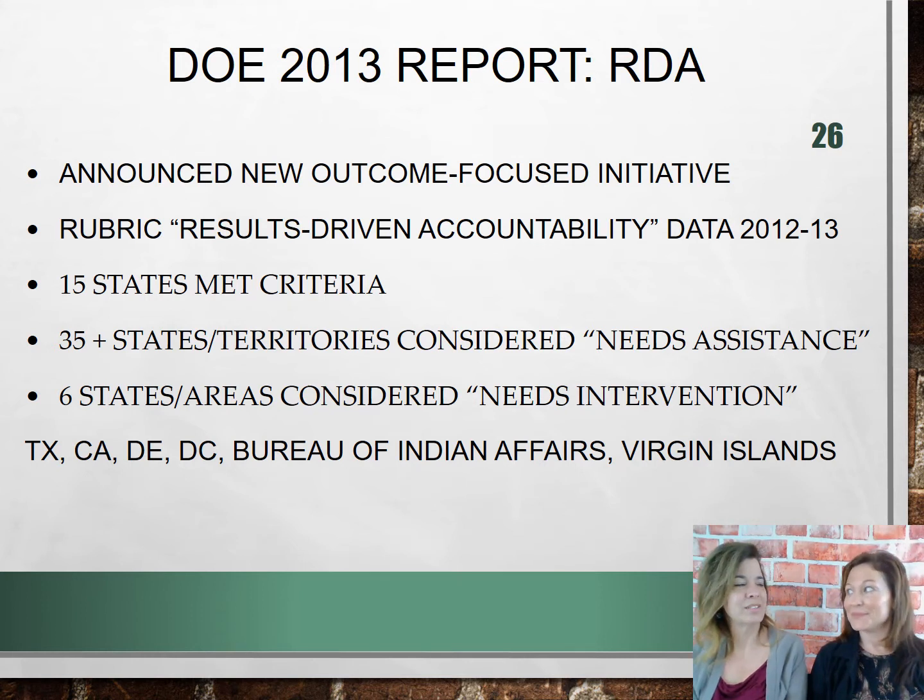And that was in the very first year, 2012-13. So this was just gathering the information, looking at outcomes just in the beginning without any type of interventions or changes yet.